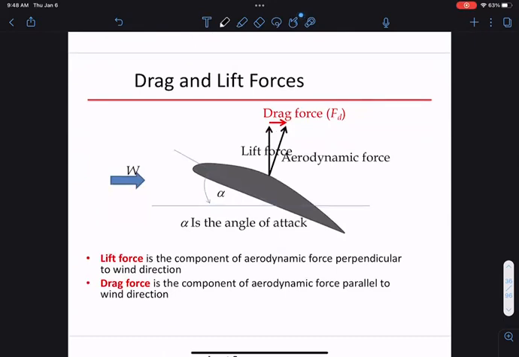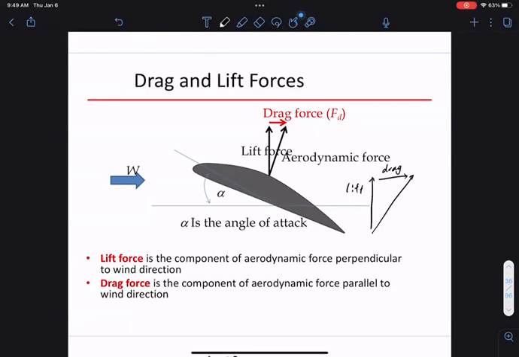When wind hits the airfoil, this force is generated, and it is a vector force with two parts. One, straight up, is lift. The other part is drag. It's a vector with two components.